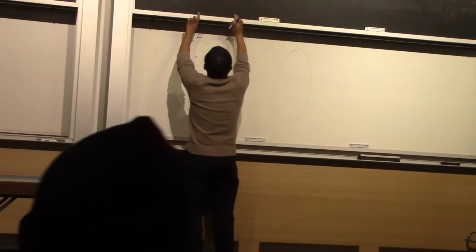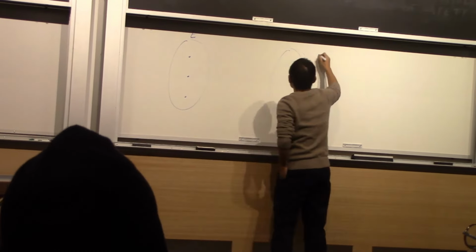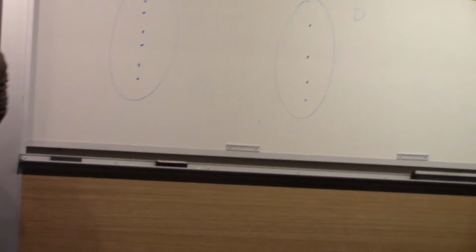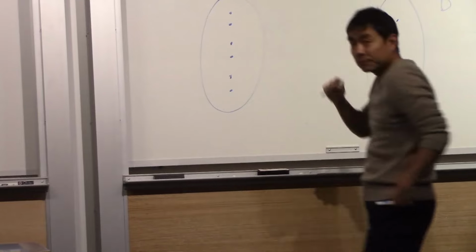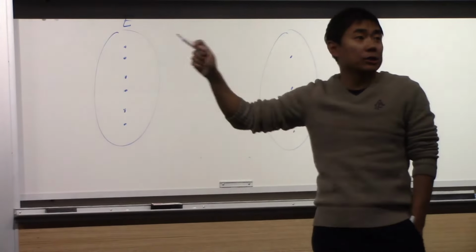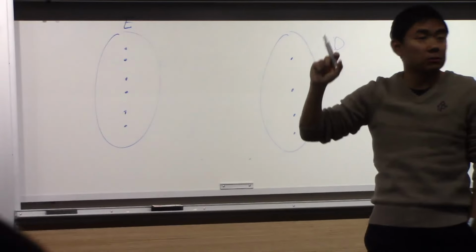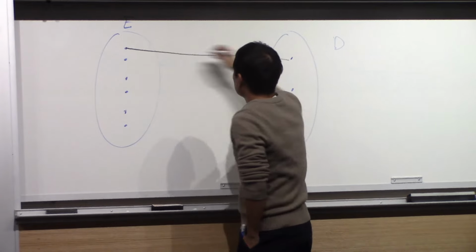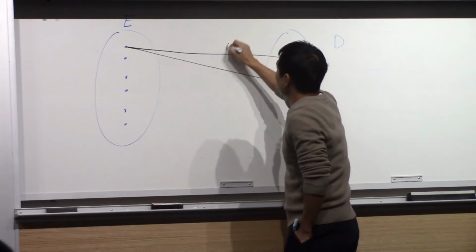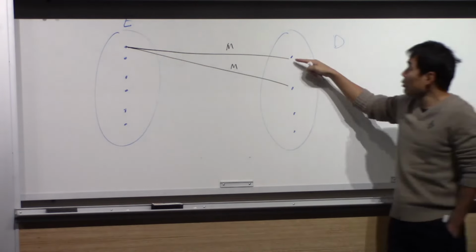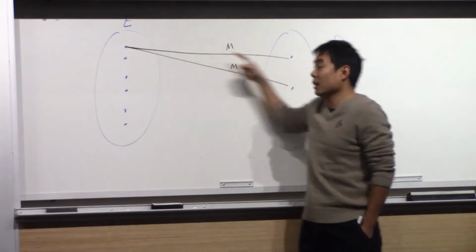If I draw this out, this is your employee, this is your department. What this one says is that I'm going to use the black color for the manager's relationships.